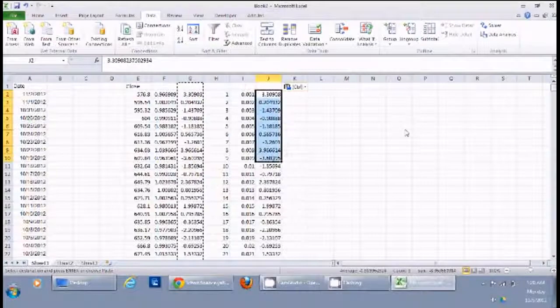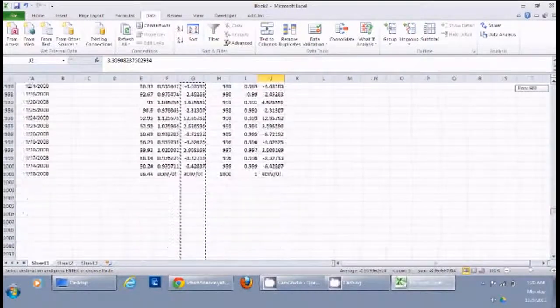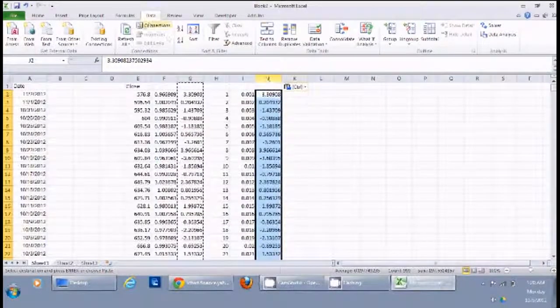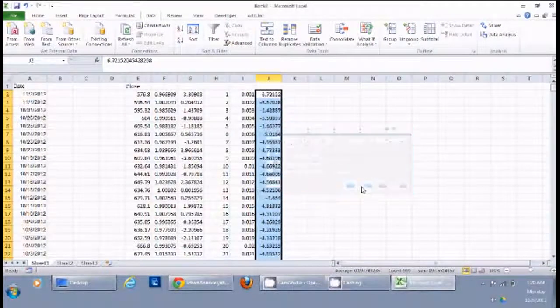And now I select this column until here and say sort. So it sorts the data.